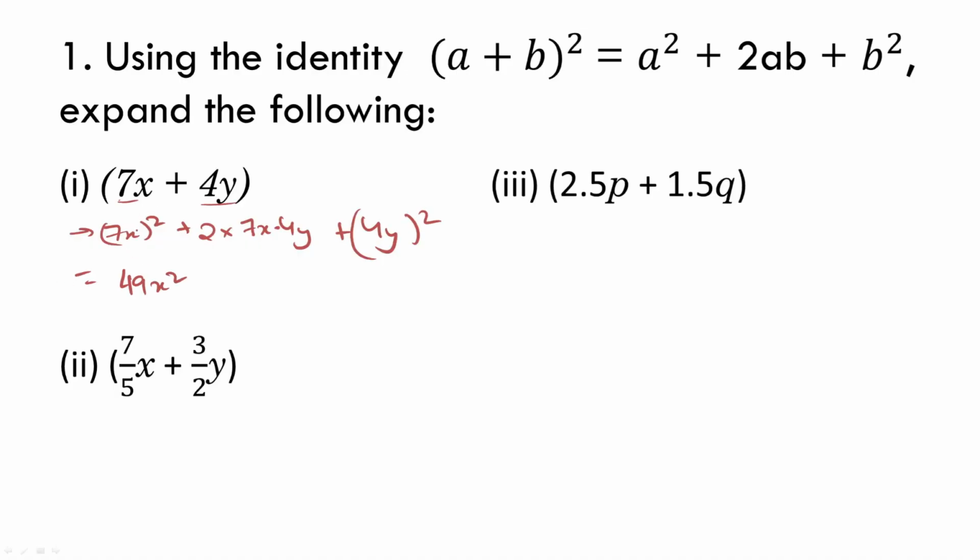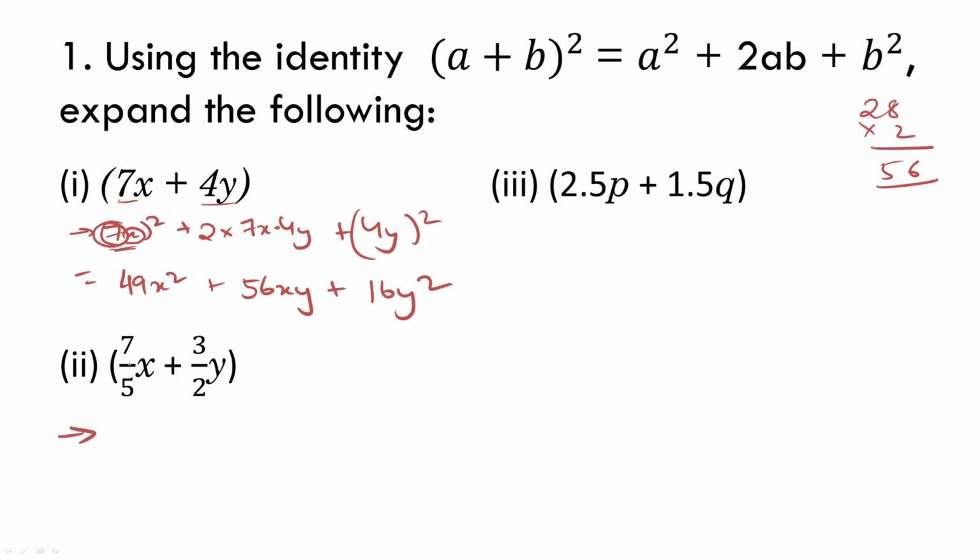When we put square, it goes to both. So 49x square plus 7 times 4, 28. 28 times 2, we can solve it right over here, and that would be 56. So 56xy plus 16y square, and with that we got our first one.